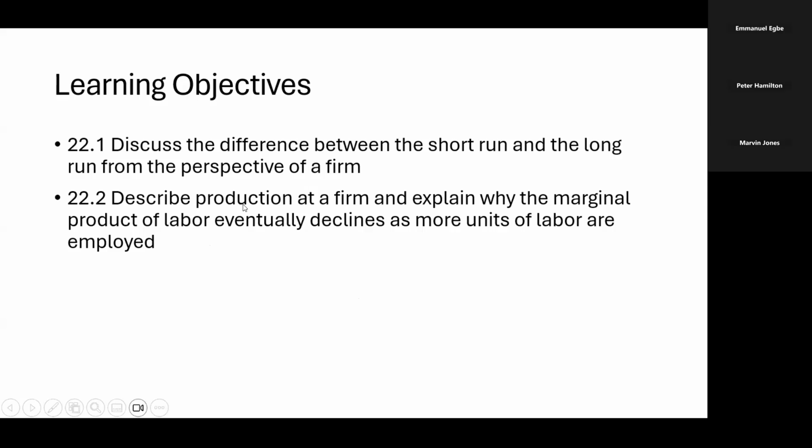Explain production at a firm and why marginal product of labor eventually declines as more units are produced. This is what we call diminishing marginal returns in the process of production, and in consumption, we'll call it diminishing marginal utility.